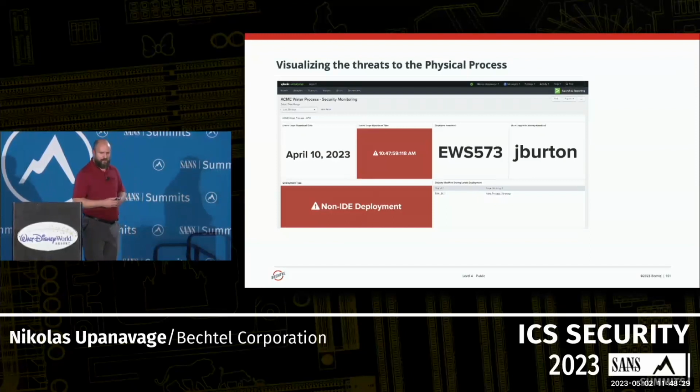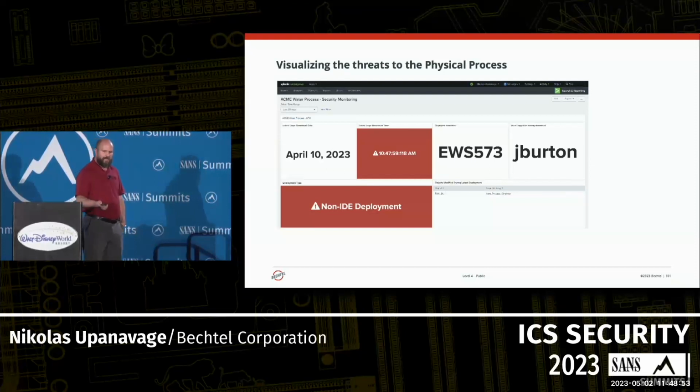We also found through the logs that you can detect whether logic was pushed to the controller through the IDE on the system or outside of that through the scripting tool. So we created a dashboard that shows the last time logic was downloaded.